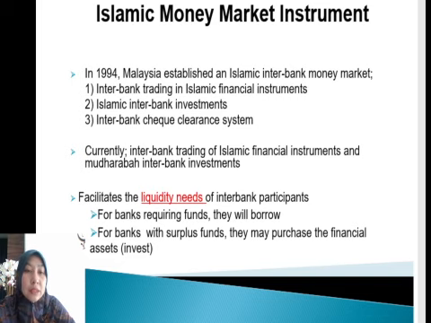Like you receive a salary check that is under one bank, like Bank Islam, but you have an account with Maybank Islamic. So how do they clear the check? They have the interbank check clearance system. They will clear your salary and then channel it to your account at Maybank Islamic. This is an example of an Islamic money market instrument.